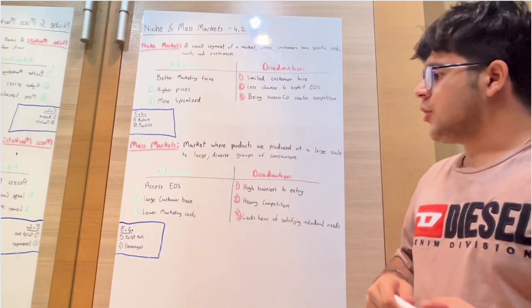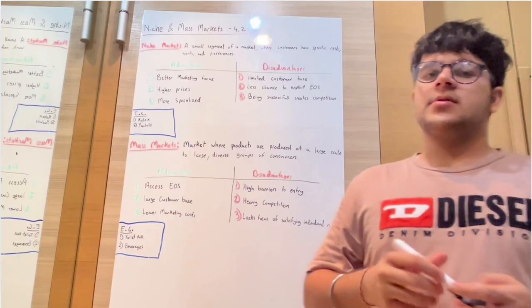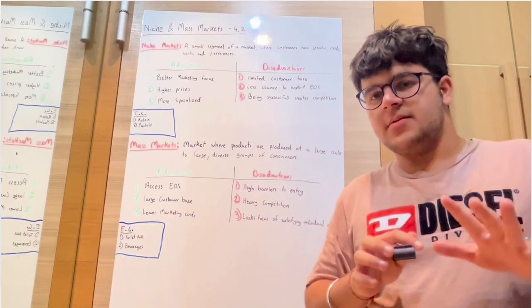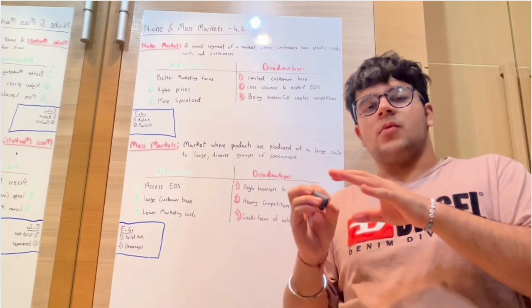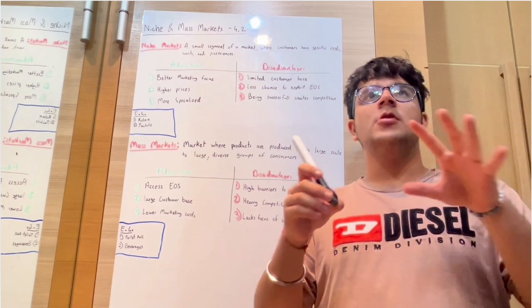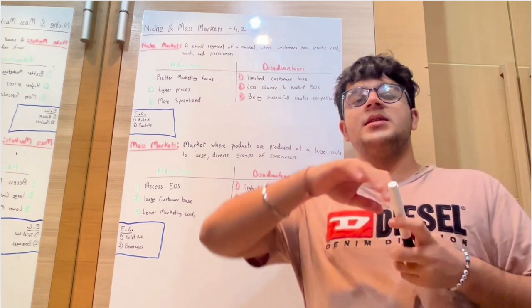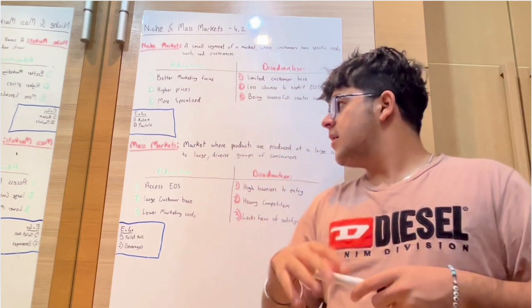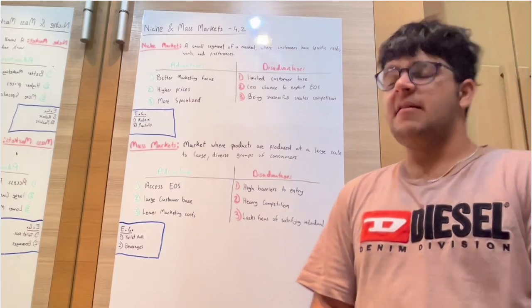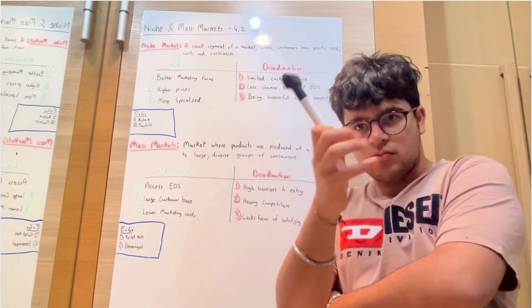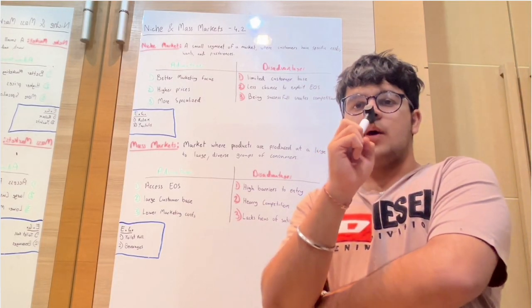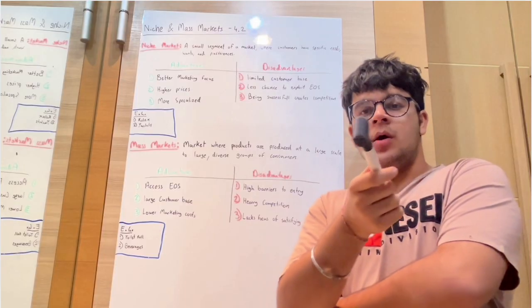And the third, you have a lower marketing cost. Now bear with me for a second, let me explain this. When you're in a mass market, you can use single marketing to address your entire market, okay? Unlike if you're in a niche market, everything is so specialized, so orientated, you have to be specialized with your marketing as well.